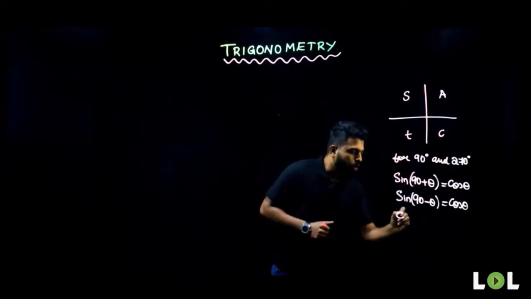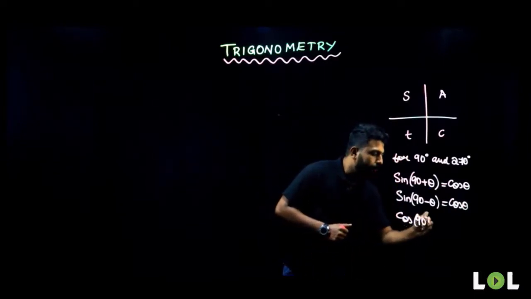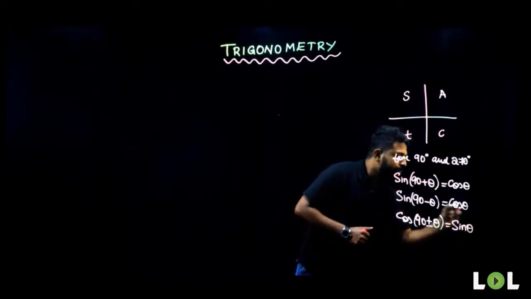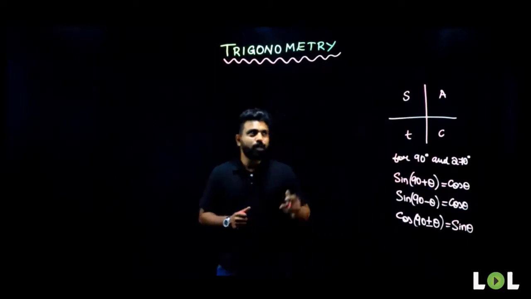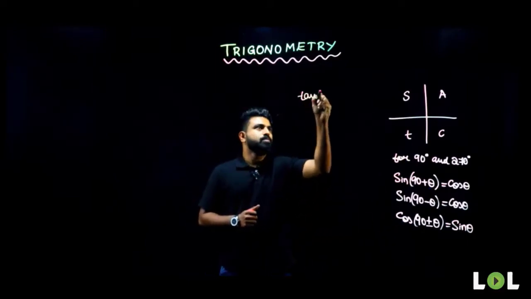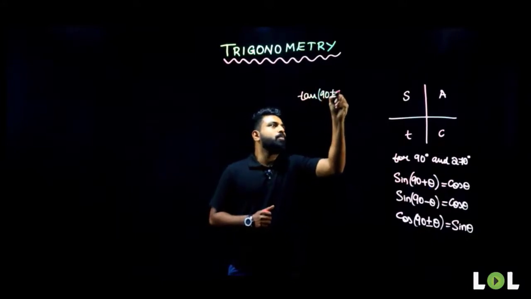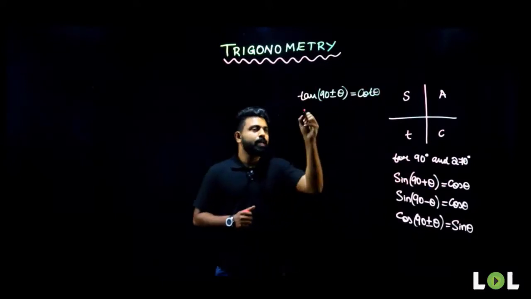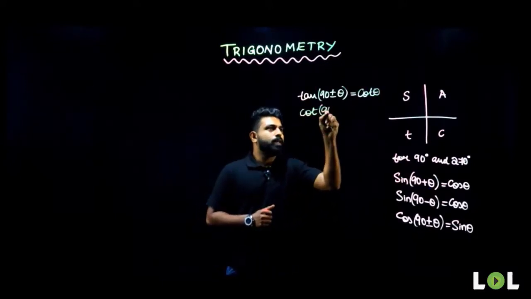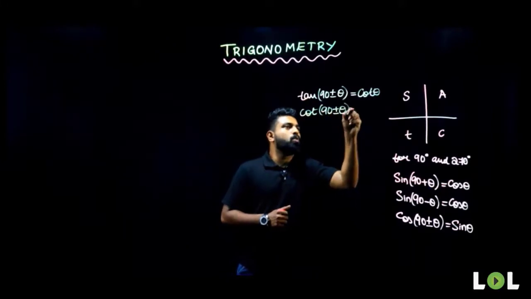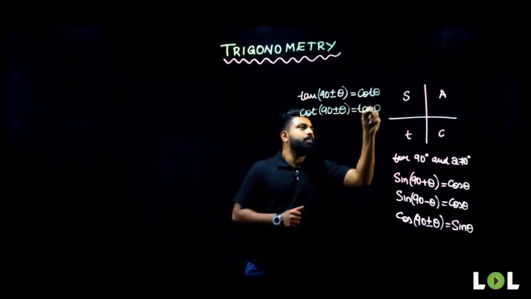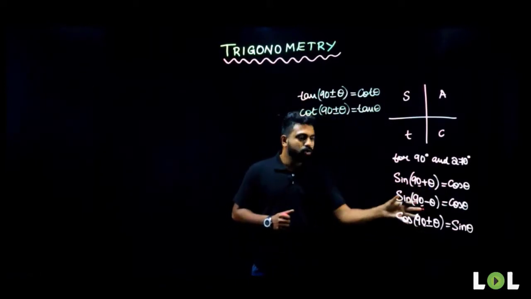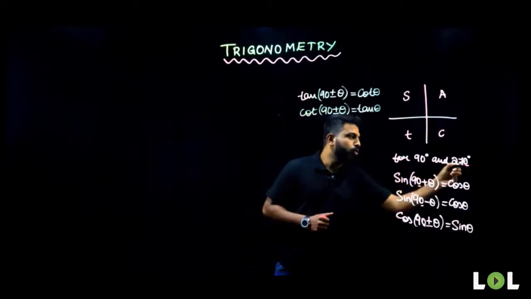Similarly, cos of 90 plus or minus theta was equal to sin theta. And this was the same for tan as well. Tan of 90 plus or minus theta was equal to cot theta. Similarly, cot of 90 plus or minus theta was equal to tan theta. I am writing down all the values for 90 degrees. But this not only holds good for 90 degrees, it also holds good for 270 degrees.